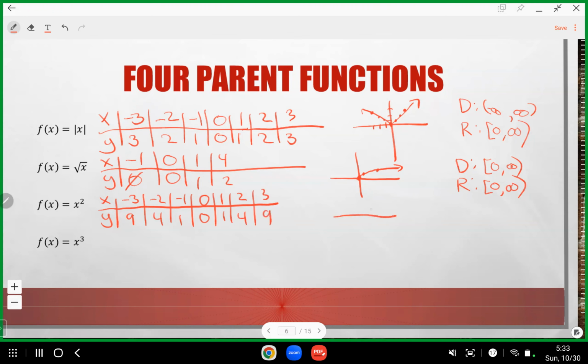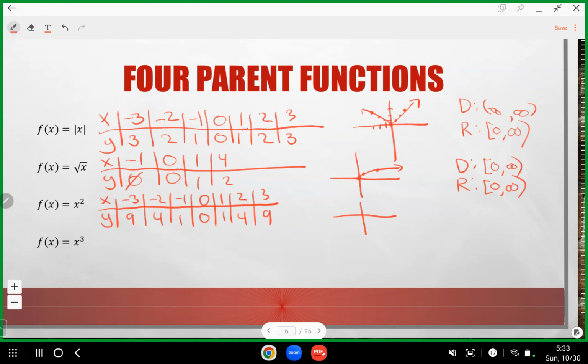Good. So you can see from our values, you can instantly see from the absolute value of x, what is this symmetrical to? It's symmetrical with respect to the y-axis, right?